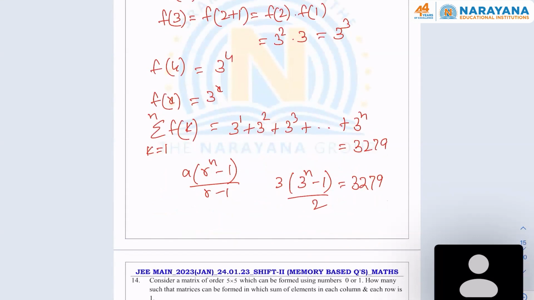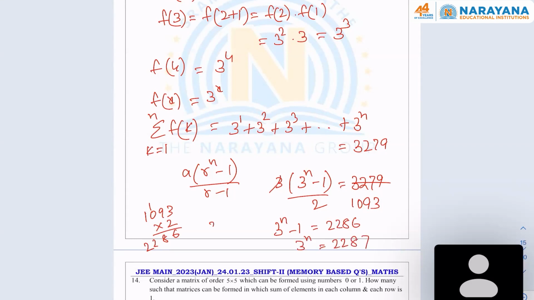So here 3279 divided by 3 gives 1093, so 3 power n minus 1 is 1093 into 2, which is 2186. So 3 power n is equal to 2187.